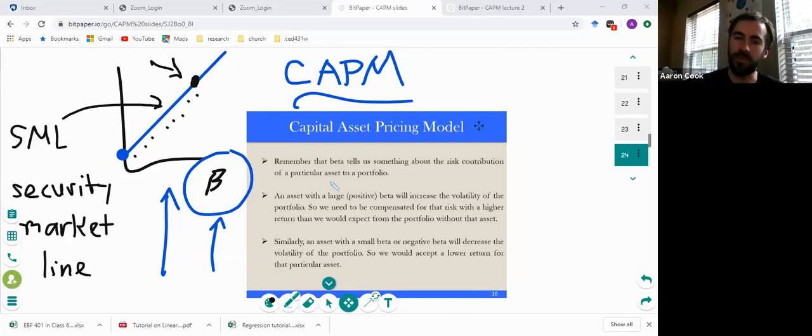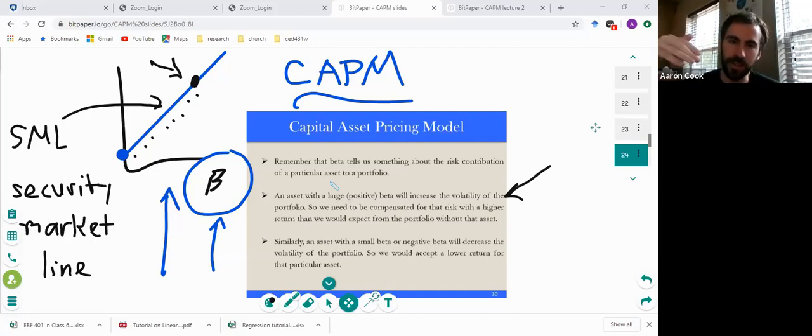Because the beta tells you what's the additional risk to your portfolio that additional stock or asset contributes. If you have a large and positive beta, that's going to increase the volatility of the portfolio. A large positive beta means that when the market is increasing, the returns to that individual asset are going to increase by a greater amount than the market.